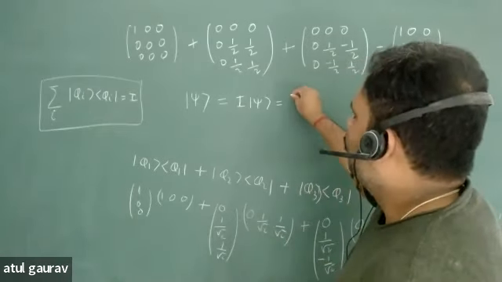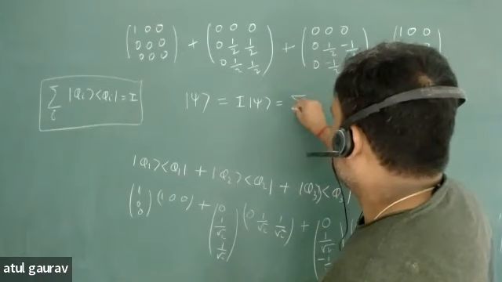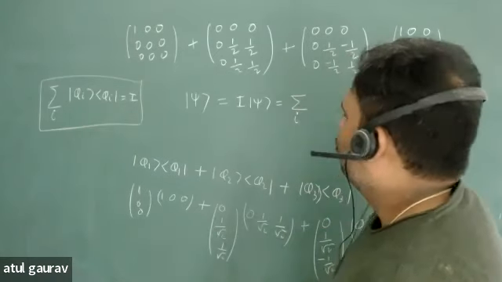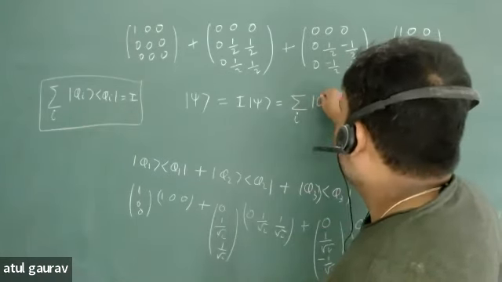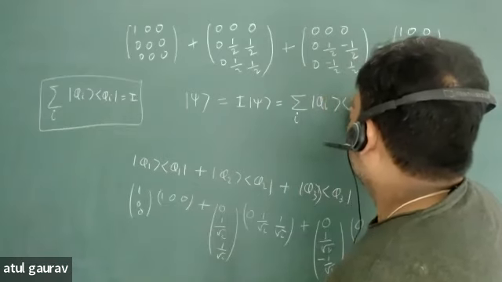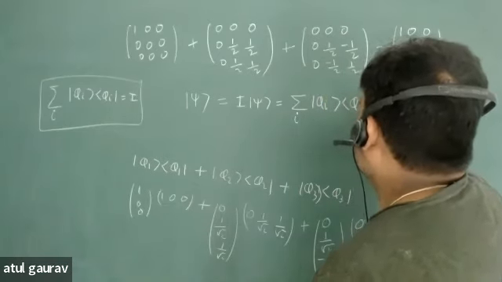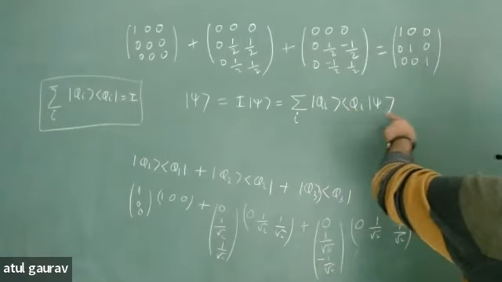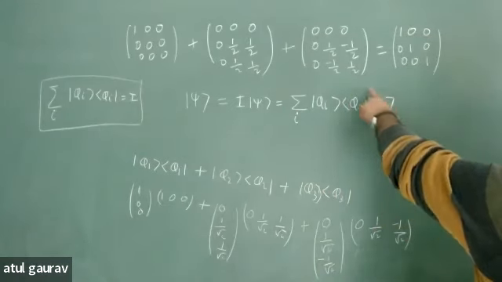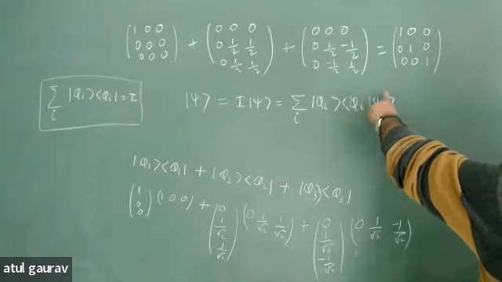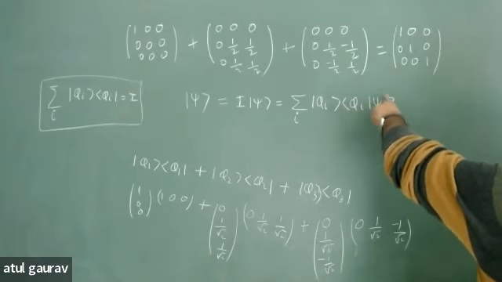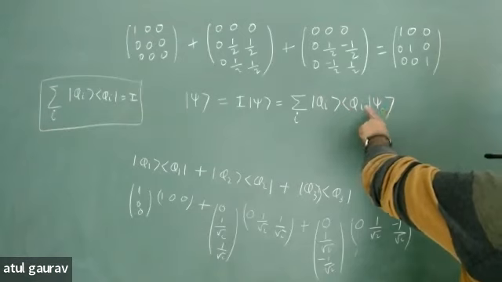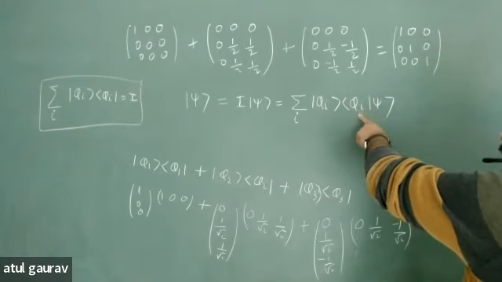Now look at the magic, and this is real magic. phi i psi. What is this thing? A number. What is this? Projection of psi in the direction of phi i.